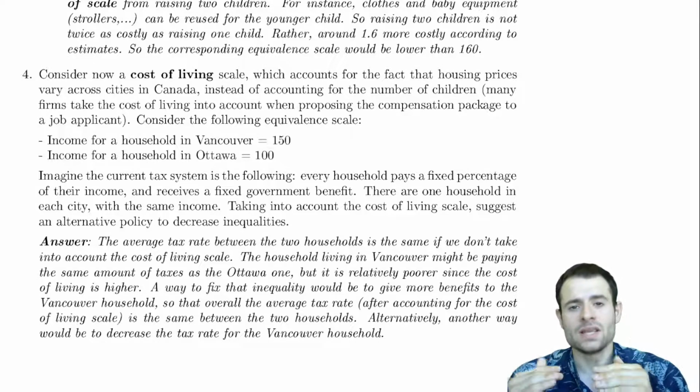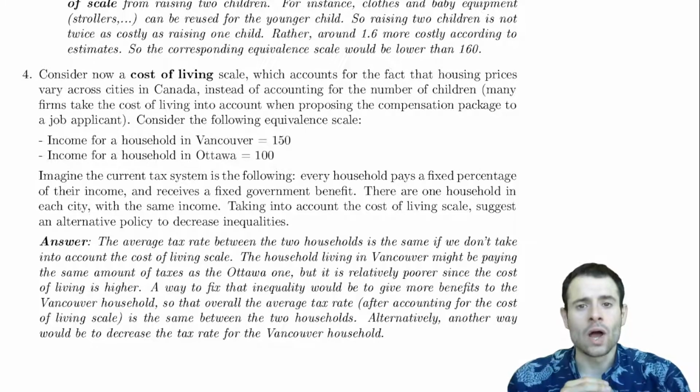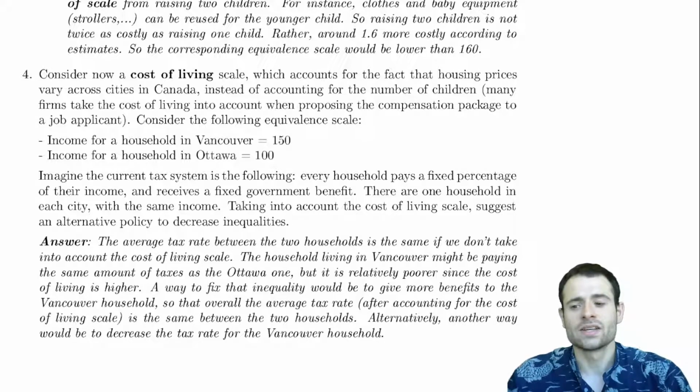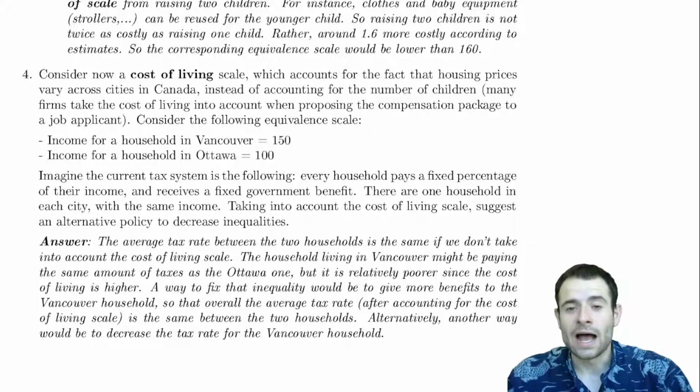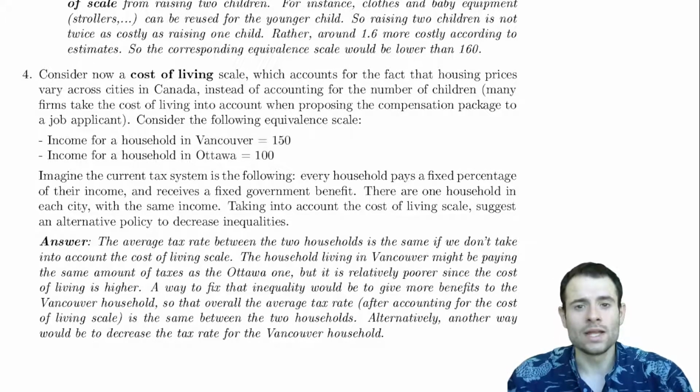Why? Because if you give more money to the Vancouver household on the basis that Vancouver is a more expensive city, then there are going to be effects on the Vancouver market. If the government gives more money back to the Vancouver households, there is going to be a higher demand for housing in Vancouver, and housing prices in Vancouver will increase more than in Ottawa.